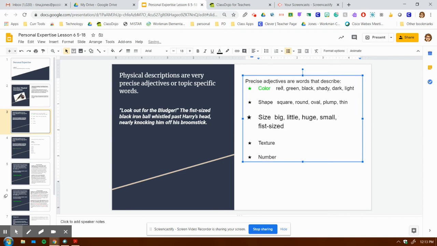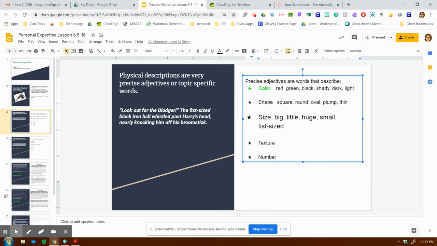So fist size is an example of a size word that gives people a comparison that they are more familiar with. Because if you say that something is little, someone could be picturing something the size of a grain of sand, but fist size lets you know that when you close your hand, it's about the size of that.